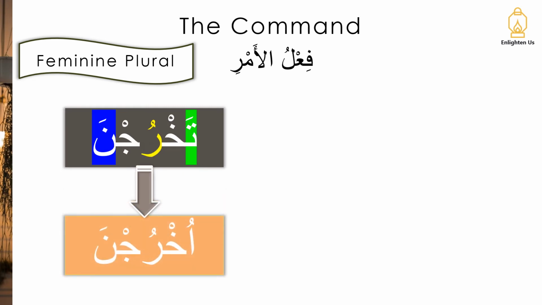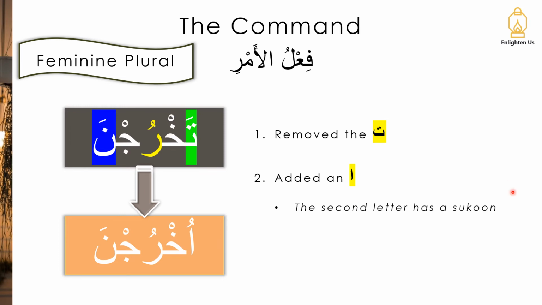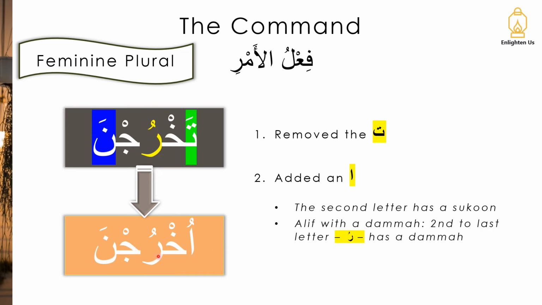We'd say ukhrujna. Now let's have a look and see if it's followed the process. Remove the ta. Indeed, we've removed the ta. We've added an alif. Again, same logic here. The kha has a sukoon, makes it difficult to read, so we've had to add an alif. The alif has a dhamma, again because the second to last letter has a dhamma.